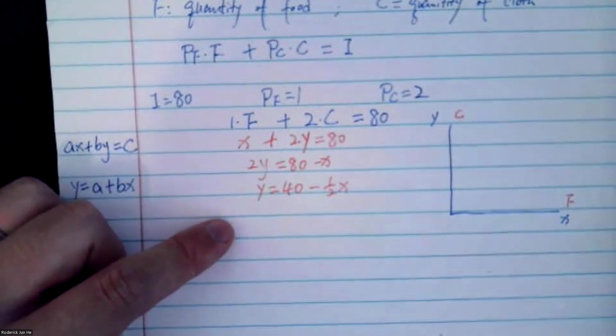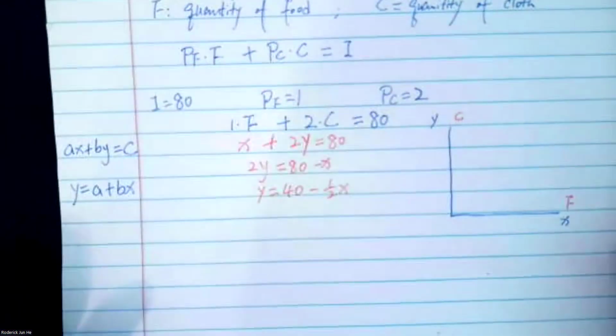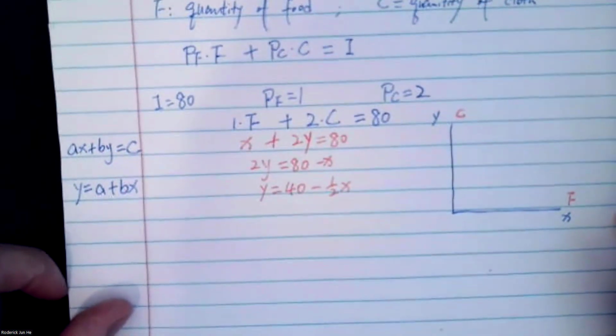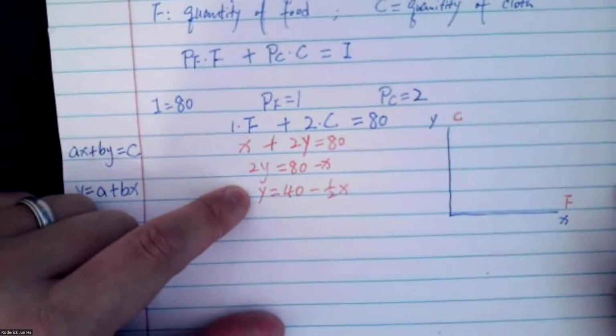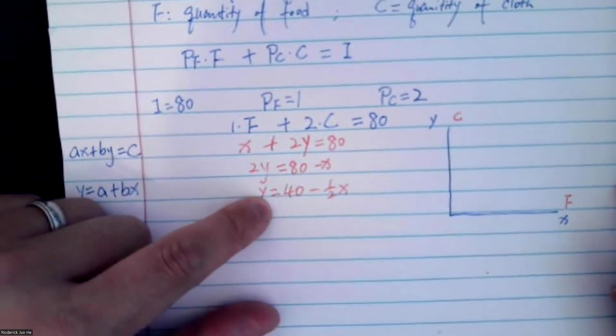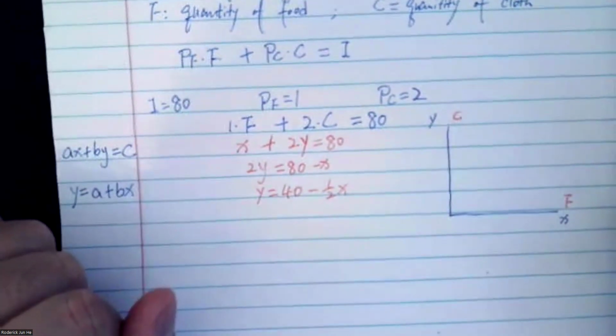Later on, we're going to fit this back into the clothing and food world, so it will be more straightforward if we convert the notation back into food versus clothes.